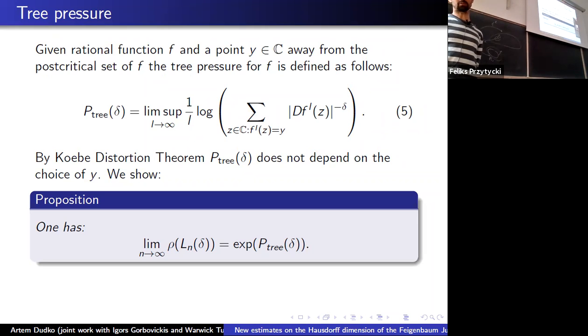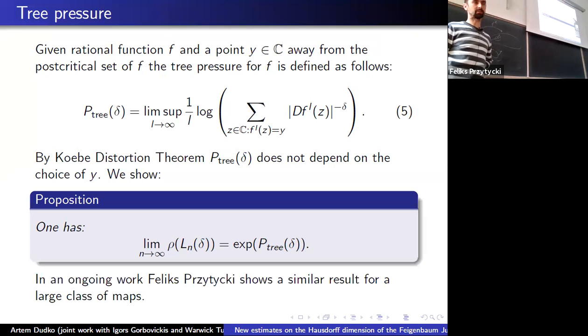We prove it for periodic points of renormalization for real quadratic maps with periodic combinatorics, in particular for the Feigenbaum quadratic map. But as I mentioned, in ongoing work Feliks Przytycki proves a similar statement for a larger class of maps.